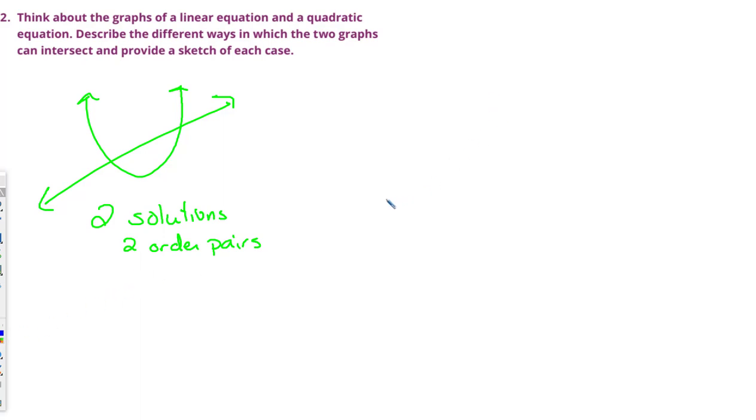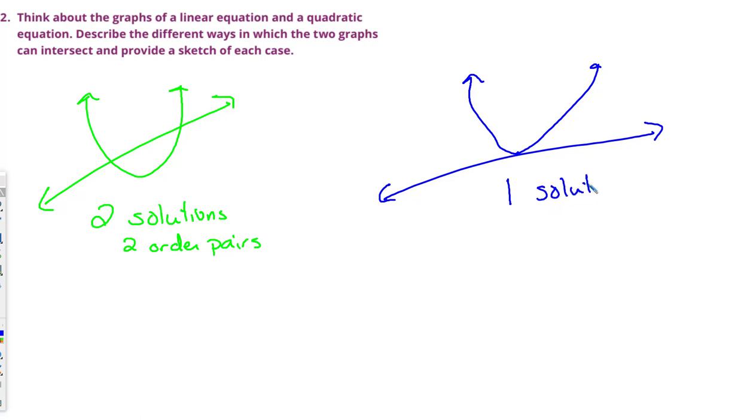Or we could have the line only touch that parabola one time, close to the vertex, or it cuts through a different way. So we'd have one solution, which is one ordered pair.